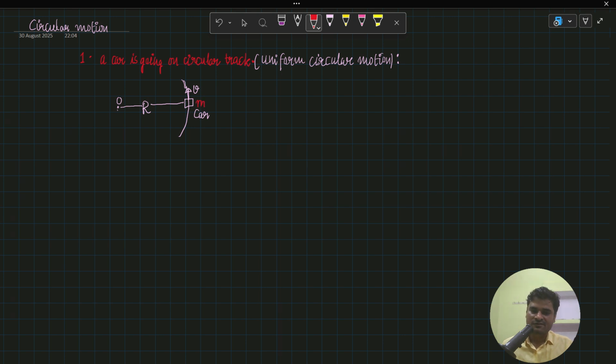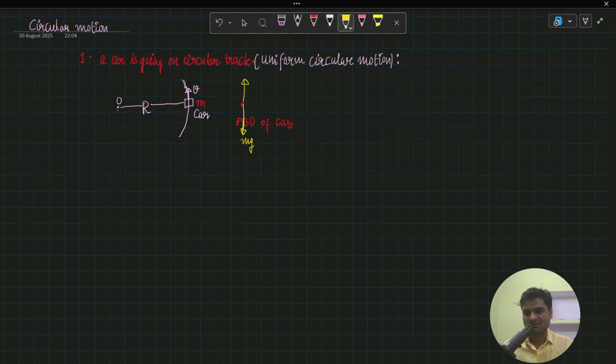And if we draw the free body diagram of this car, we know that the weight is always acting towards the center of earth. All the time this is going to happen, that the weight of the car will be towards the center, and this is the level surface.